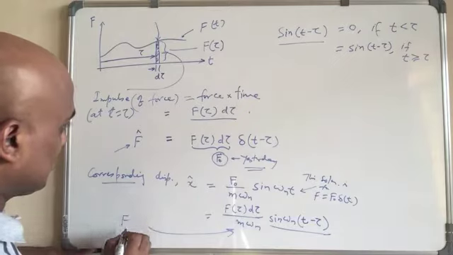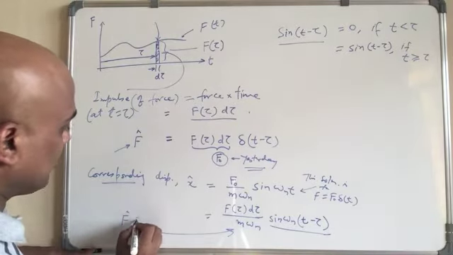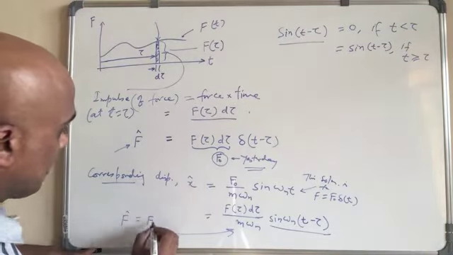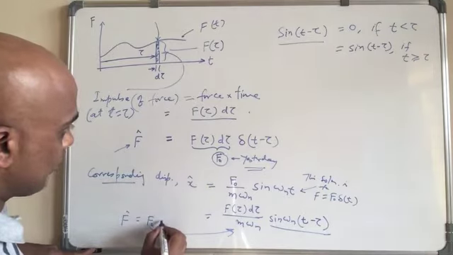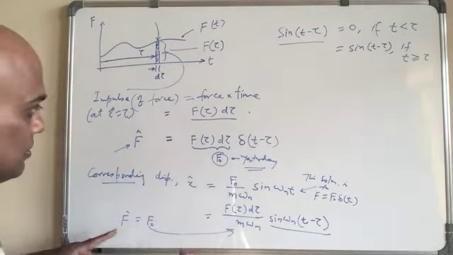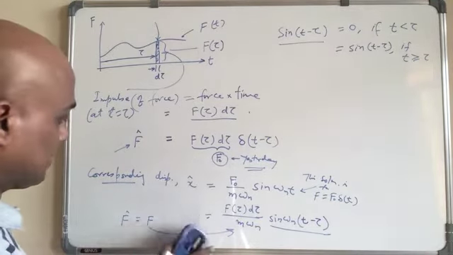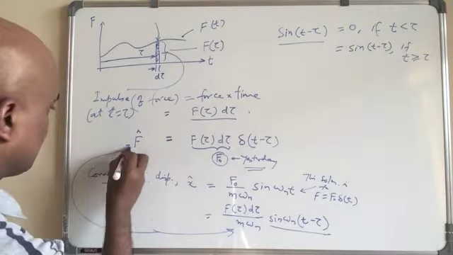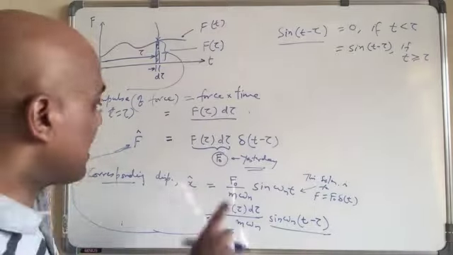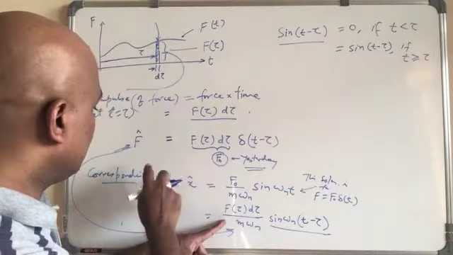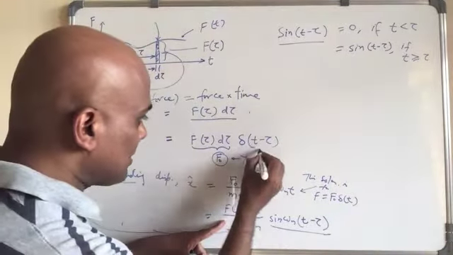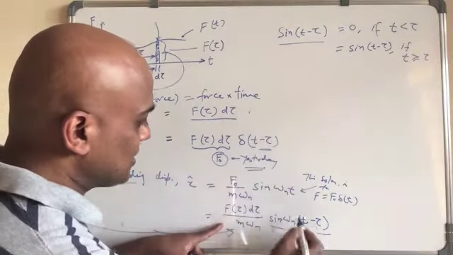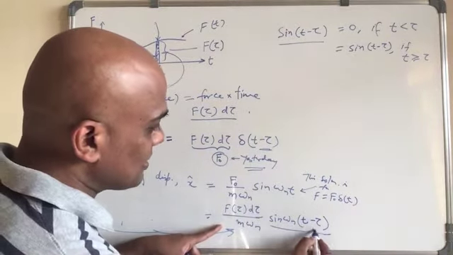This solution is for F hat equal to F naught delta, for this F hat we have. Because delta(t minus tau) is here, we have this term appearing.